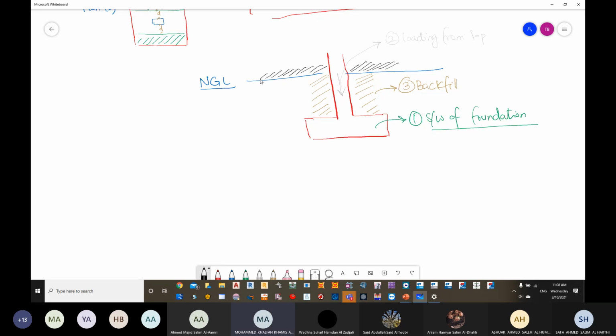Okay, so it's an extra layer of soil, which will differentiate normally between the level of NGL and, for example, the finishing ground level. So we have our finishing ground level here, for example.